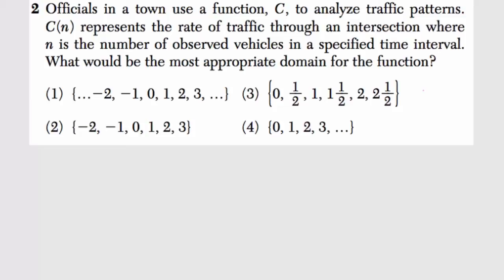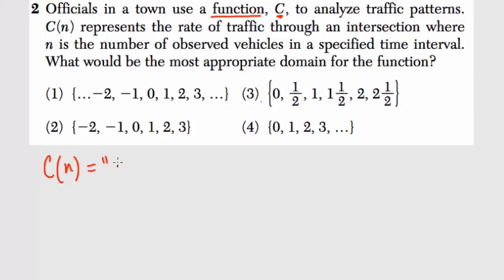Alright, so this problem says officials in a town use a function C to analyze traffic patterns. So we're already establishing that the capital letter C represents the function or relationship that we're dealing with here. C of n, right? This is not C times the variable n.